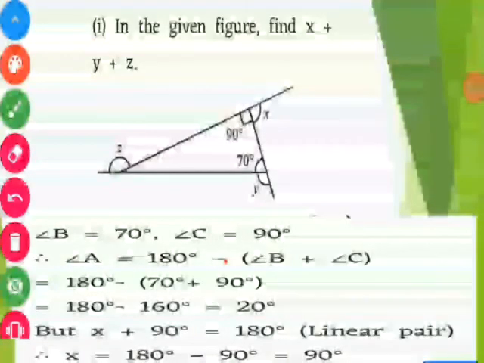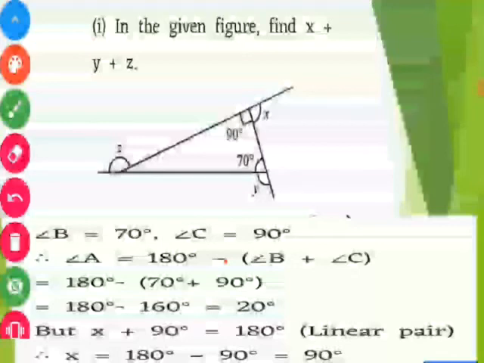So the next question is, in the given figure find x plus y plus z. So we have to find out the sum of the exterior angles here. So let's do it. In this question, if you see in this triangle, 2 of the angles are given. So first of all we will calculate the third angle of the triangle.